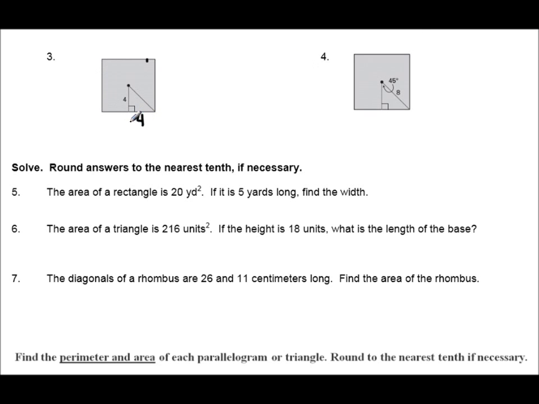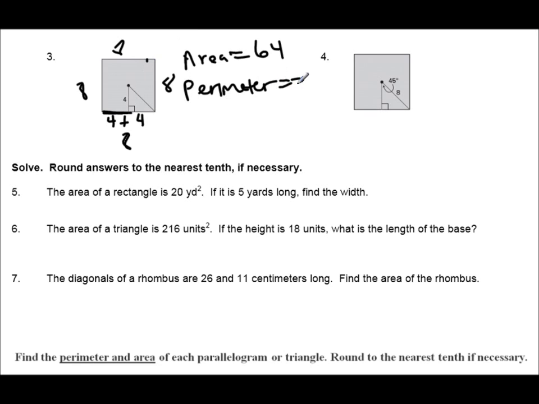And if this is 4 and this whole thing is a square, this is also 4 here. So this side is 8, which would make this side 8, this side 8, this side 8. So the area of the square would be 8 times 8, base times height, so 64. And the perimeter of the square would be 8 times 4, which is 32, adding up all the sides.